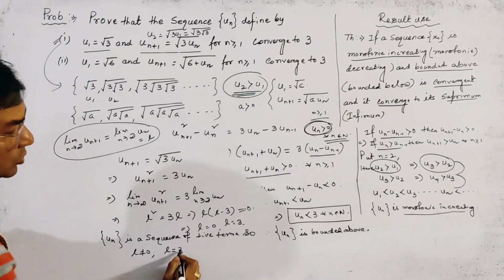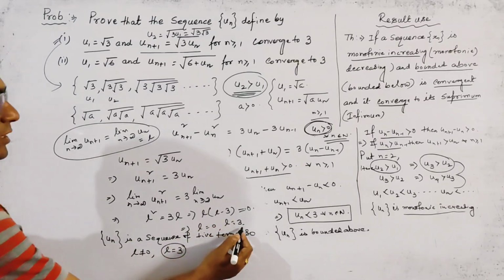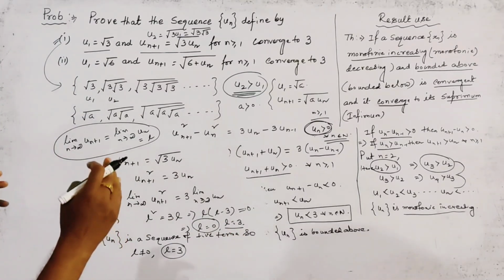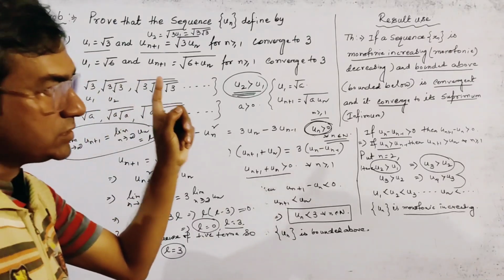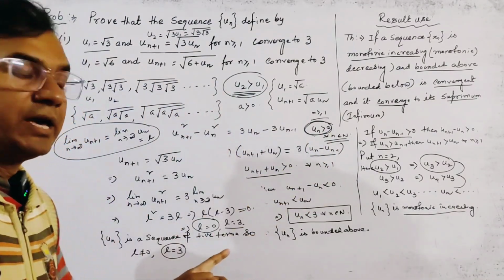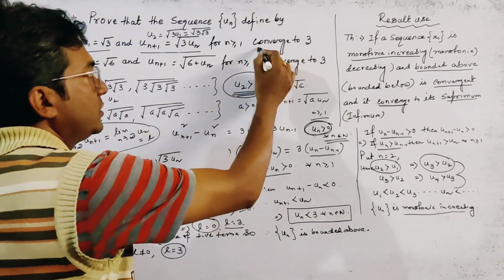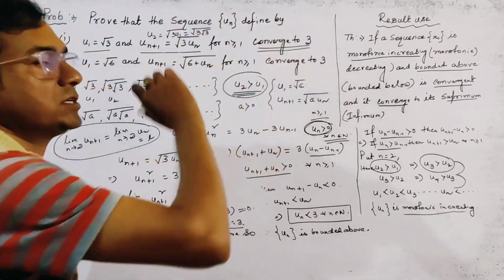The other option is L equal to 3, which is not equal to 0. So we have shown that the sequence is convergent and it converges to L equal to 3, and this is our required result.